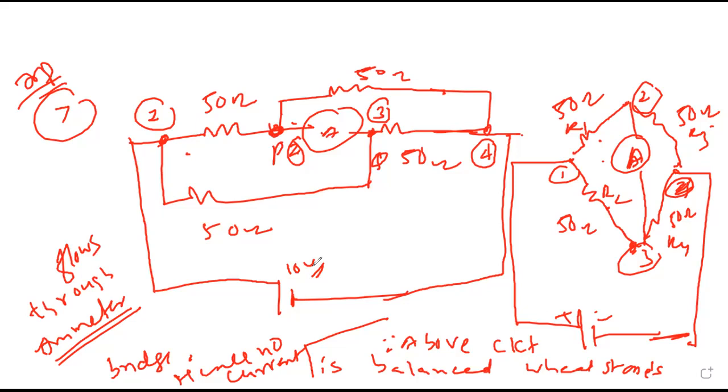Can I clear the 7th? Yes, sir. Okay, 8. A student connects 4 cells, each of 1.5 volt and internal resistance 0.25, in series, but one cell has its terminal reversed.